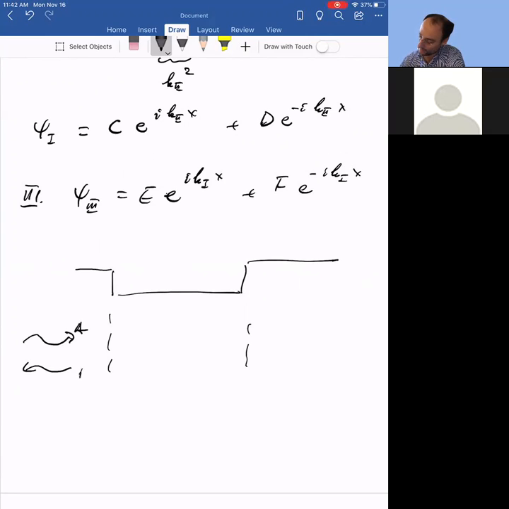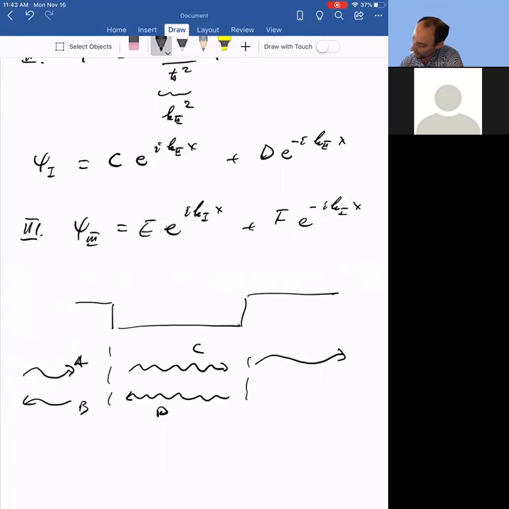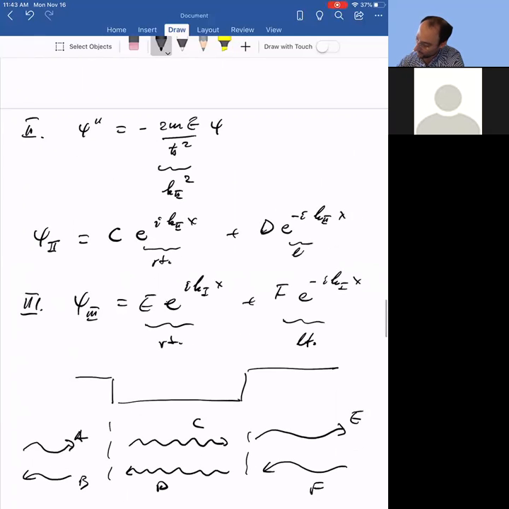This has coefficient A, this has coefficient B. In region 2, the wave number is larger, so it will be a wave with a smaller wavelength. So it will be something like this with coefficient C and something like this with coefficient D. And in region 3, this is E and this is F. This is right moving and this is left moving. Sorry, this is supposed to be psi 2. This is a right moving wave and this is a left moving wave.